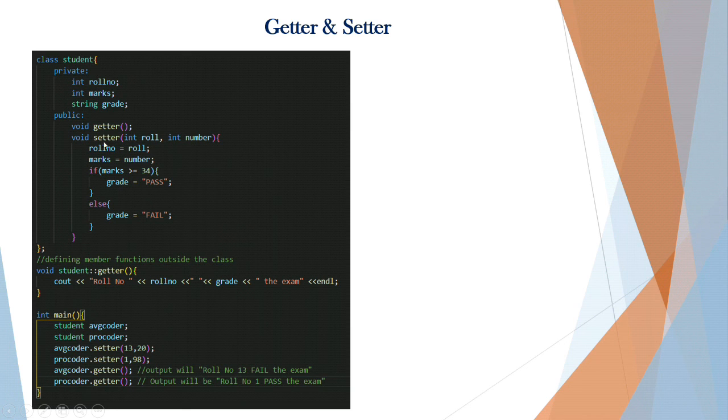The getter function is in the student class, so we write student, then the two colons, and then we can implement the function outside the class. When we call getter for average coder and pro coder, for average coder the output will be roll number 13 failed the exam, because he is the average coder, and for pro coder the output will be roll number 1 passed the exam.